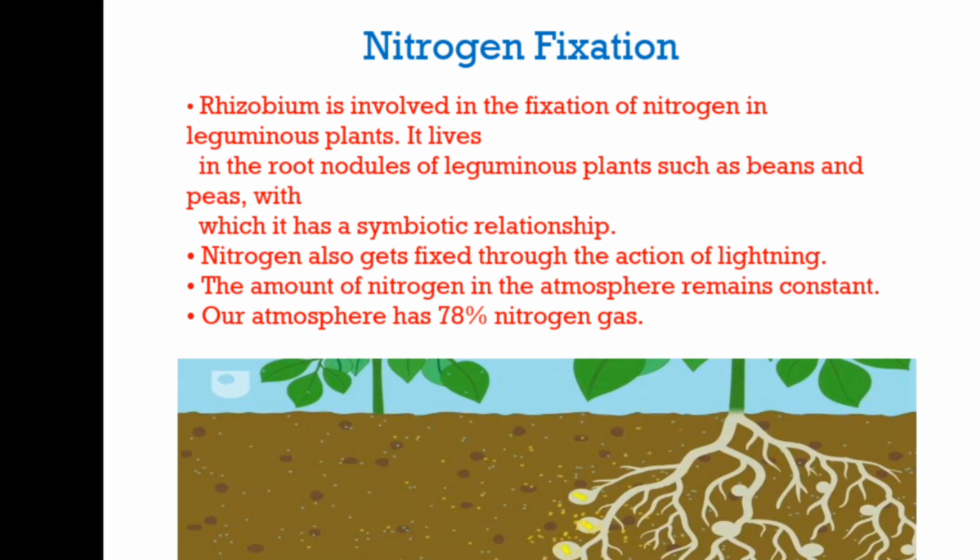The amount of nitrogen in the atmosphere remains constant, and our atmosphere has 78% nitrogen gas. So atmospheric nitrogen always remains constant, and its percentage in the atmosphere is 78%.